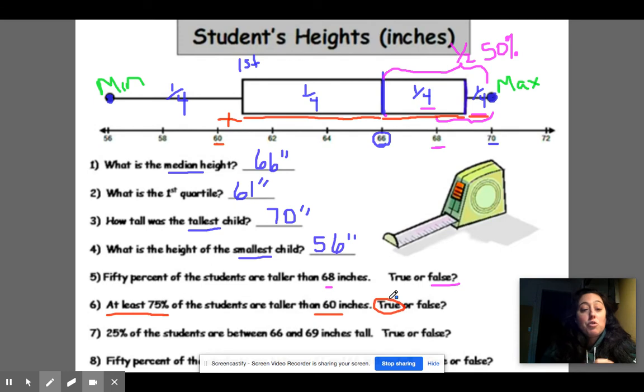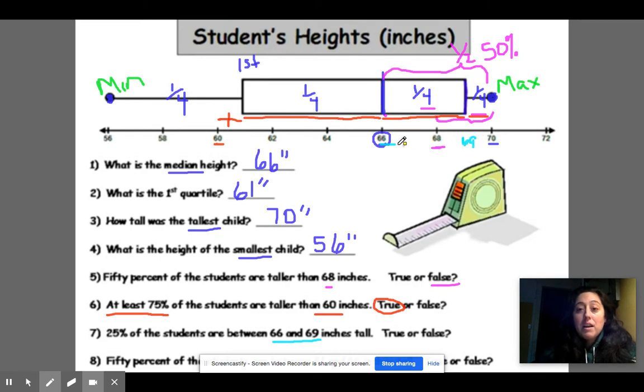Now, 25% of the students are between 66 and 69. Again, how many quarters is 25%? Think about that while I choose a nifty new color. Between 66 and 69, so here's 66 and 68, and 69 looks like it would be about here.